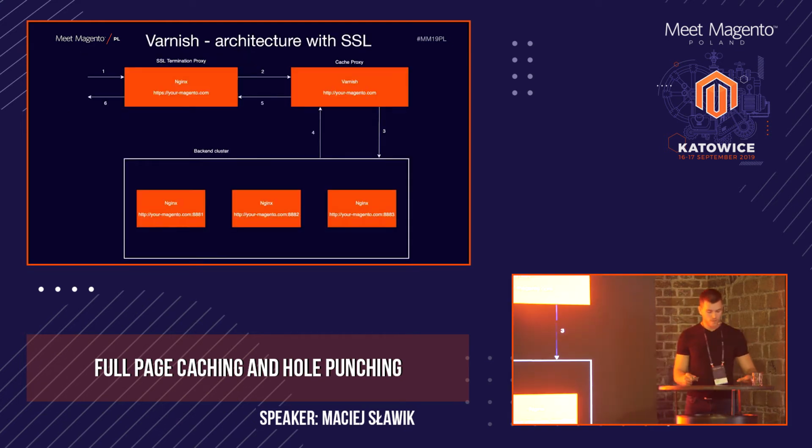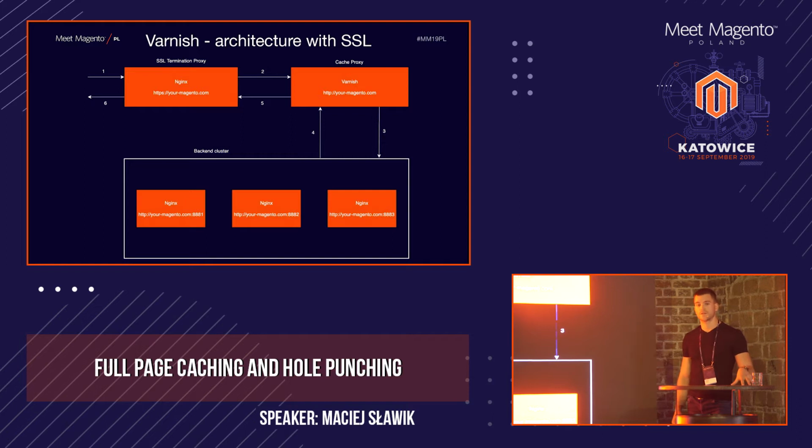Now, how does Varnish fit into the Magento architecture? Unfortunately, Varnish doesn't support SSL. So if you want to use SSL, and you should, in production, you have to add an extra layer, an extra Nginx server before Varnish.